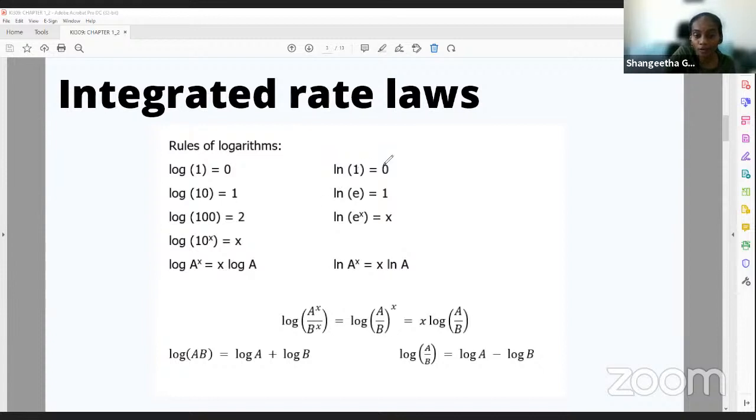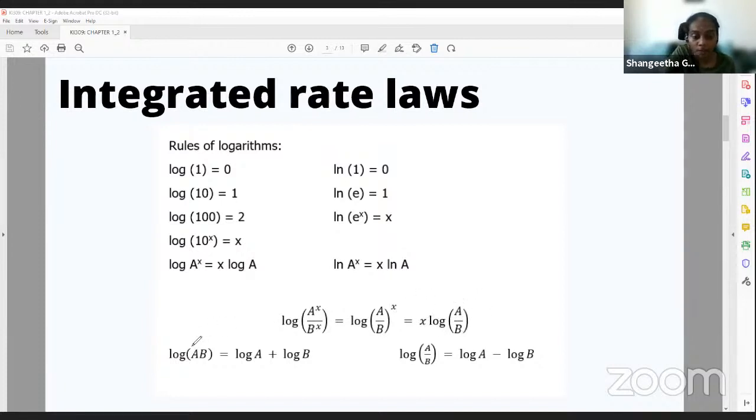And then you have your ln. Ln 1 is 0, ln e is 1, ln e to the x is equal to x. So you have to remember this part. Also ln a to the x equals x ln a. And if you have log of (a over b) to the x, you can remove the parenthesis to the outside, bring down the x, and simplify the equation.